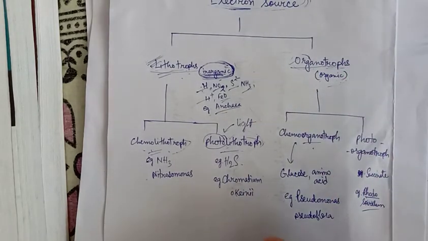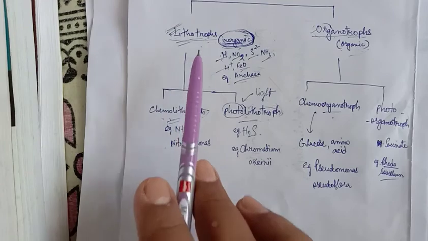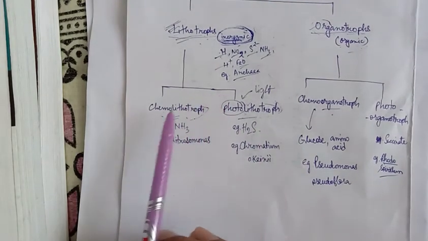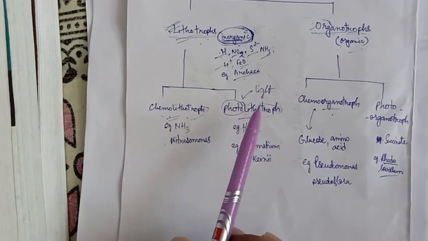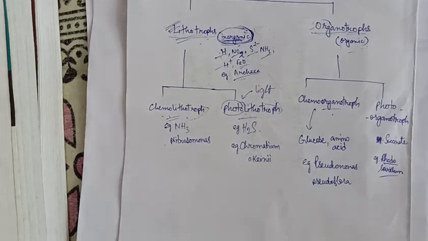Clear? Again, these lithotrophs are classified into chemolithotrophs and photolithotrophs.